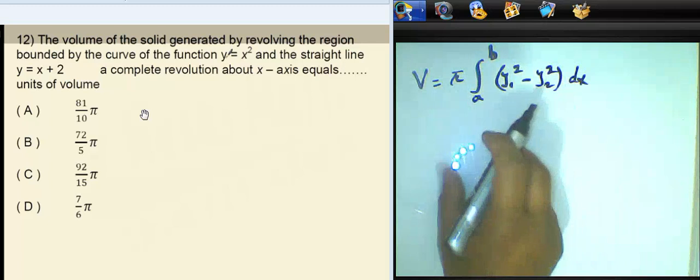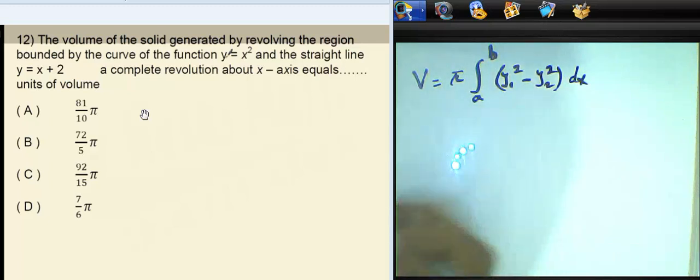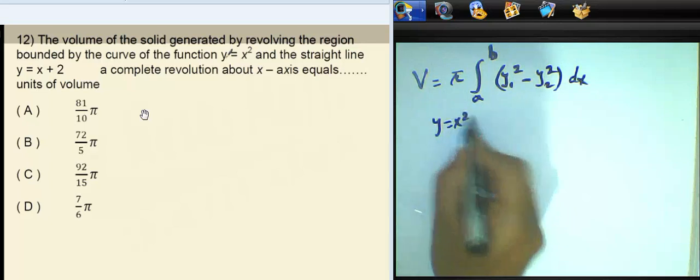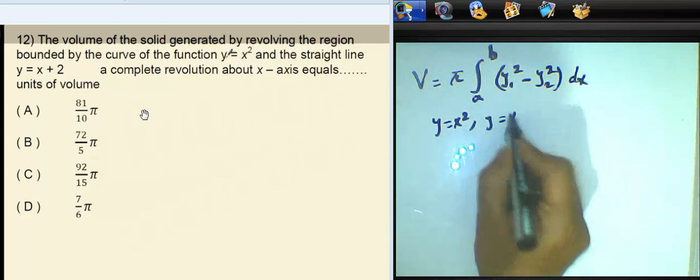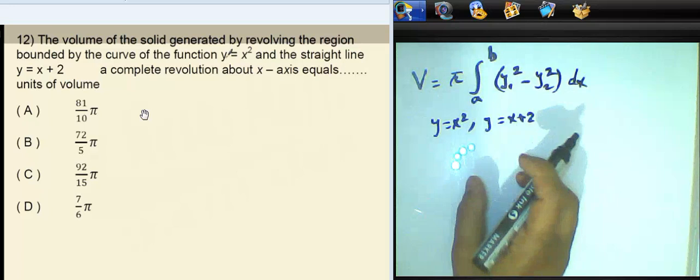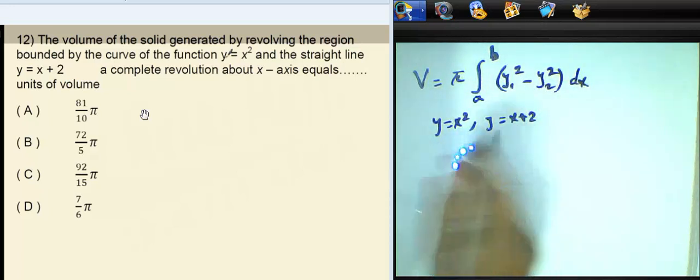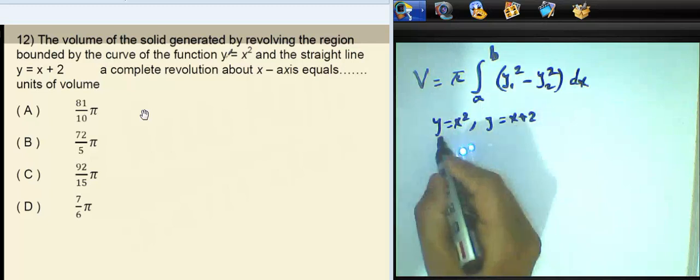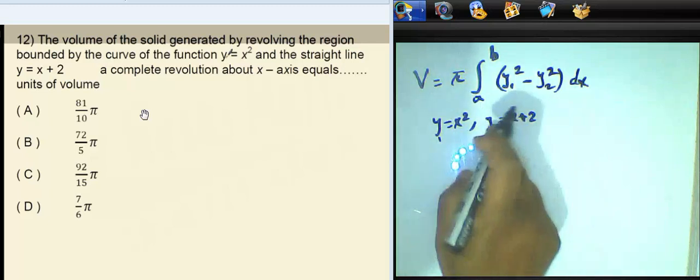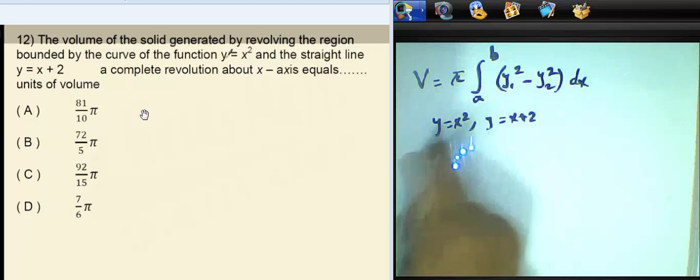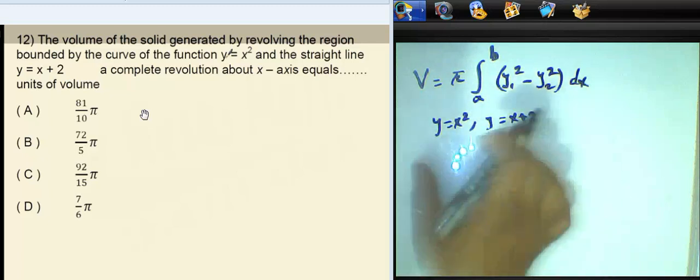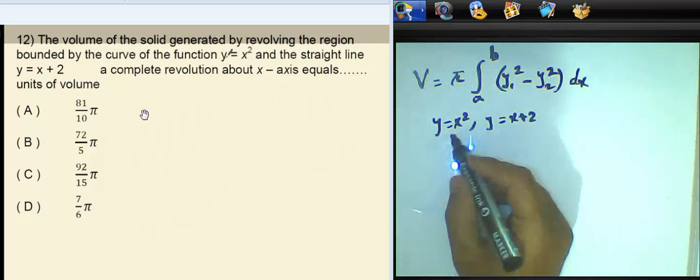We have two functions, the curve and the straight line. Y equals x power 2 and y equals x plus 2. We must find the intersection between the two equations here. Put y1 equal y2, to find the intersection between two functions.